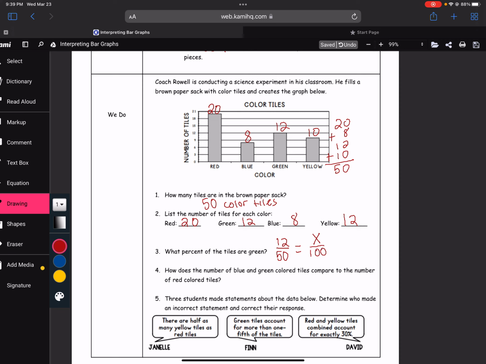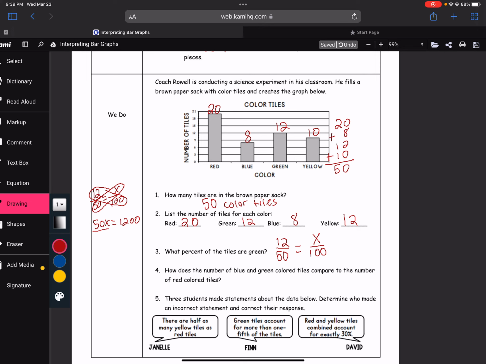So I'm actually going to scoot this back because I'm going to run out of space here. So I'm going to do 12 over 50 equals x over 100. I'm going to cross multiply on both sides. It's going to give me 50x equals 1200 because I multiplied 50 times x and 12 times 100.